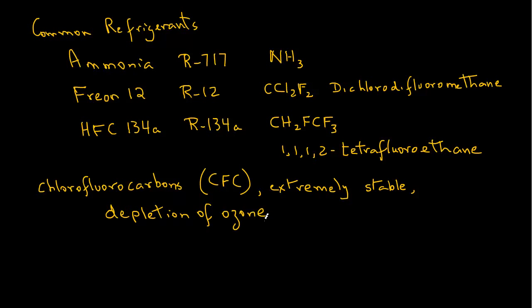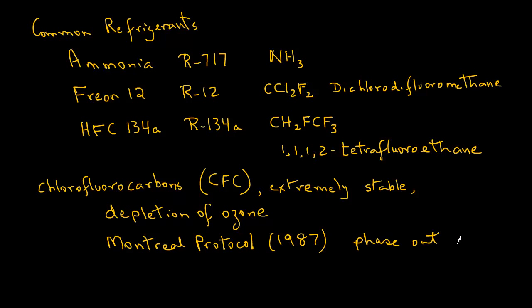And of course, ozone is important in the upper atmosphere because it blocks the ultraviolet rays reaching the Earth's surface. So according to the Montreal Protocol in 1987, a time was set for all nations to phase out the use of CFCs so that we do not cause damage to the ozone layer.